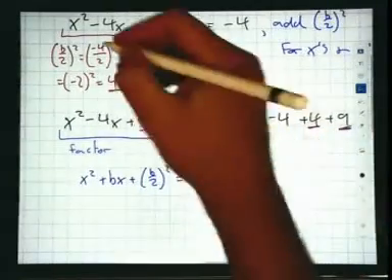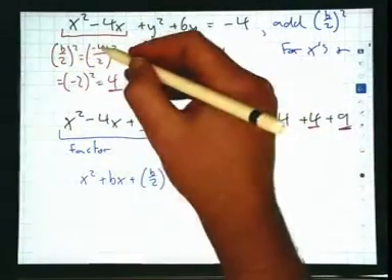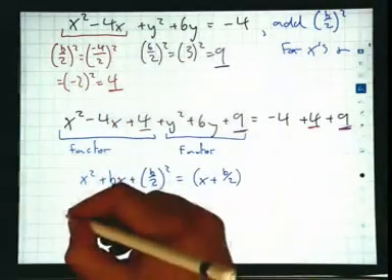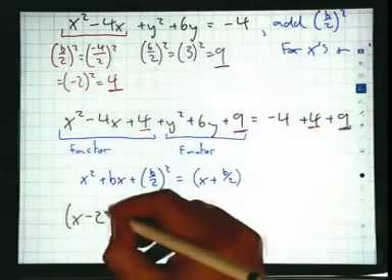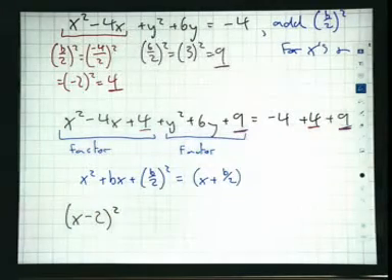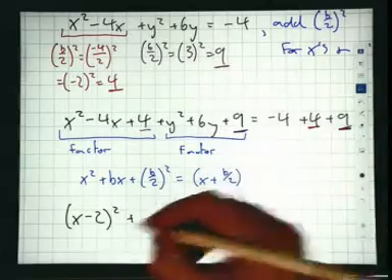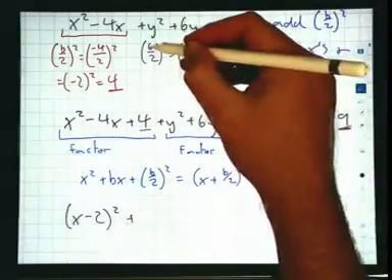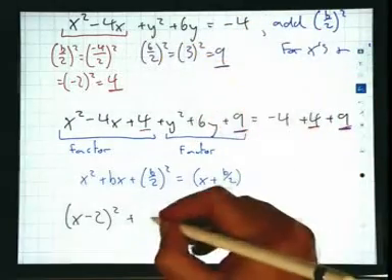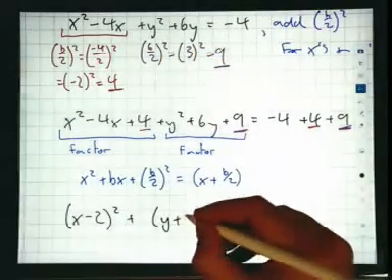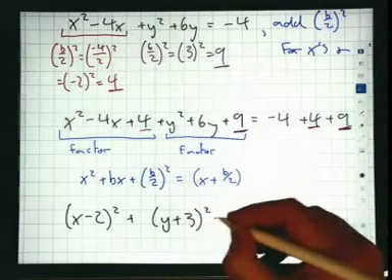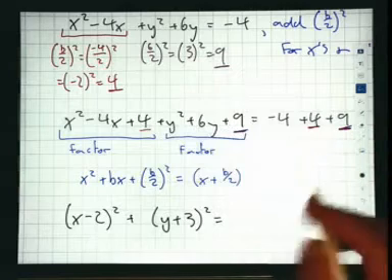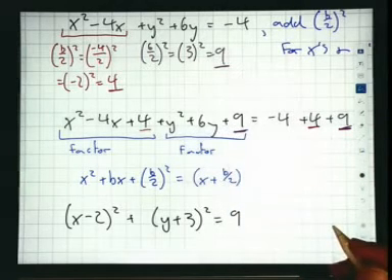The b over 2 for my x's was negative 4 over 2, so it ended up being negative 2. So the factored form of this trinomial is x minus 2 quantity squared. Since the b over 2 for my y's, 6 over 2, was 3, the factored form of my y's is y plus 3 quantity squared equals negative 4 plus 4 is 0, plus 9 is 9.